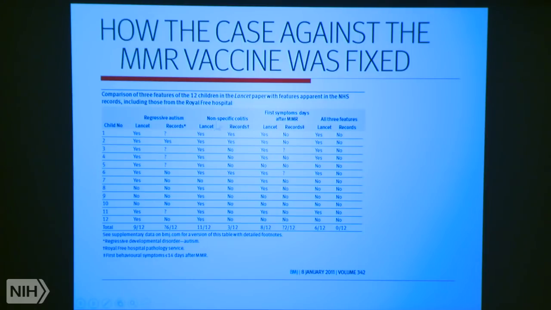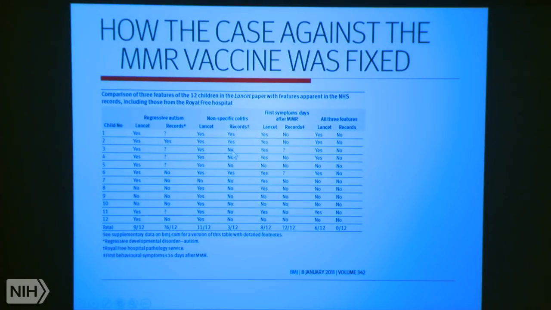It actually had to have both of these, and it had to occur right after the MMR vaccine. What he found was that while there were a few cases of this, there's only one case of regressive autism in all of these, with several question marks, despite the fact that the Lancet article reported all of the first 7 of these.